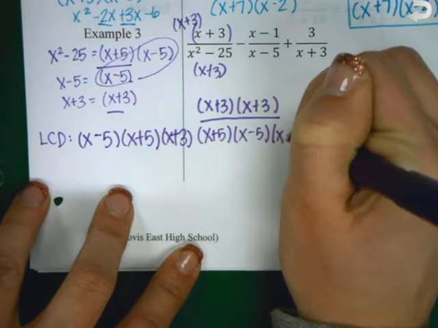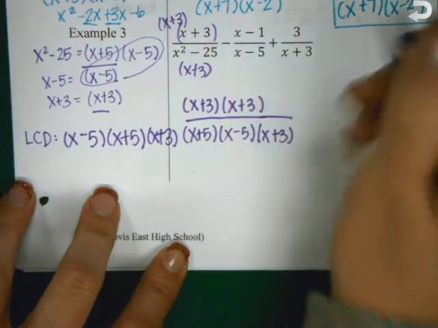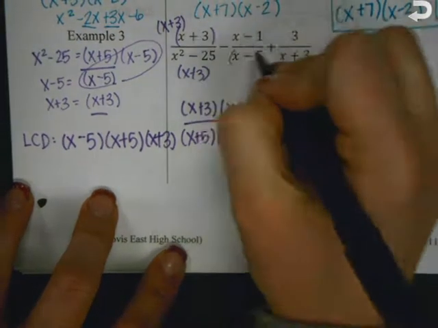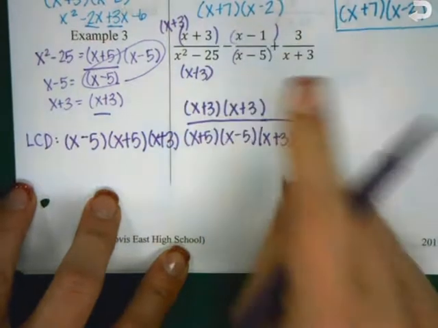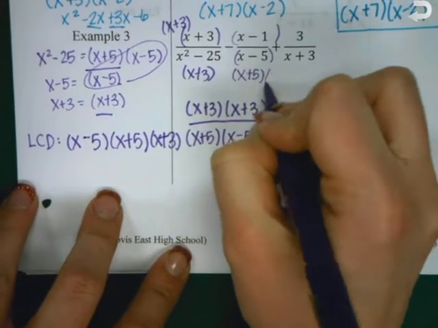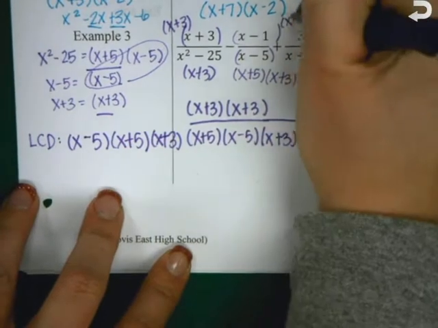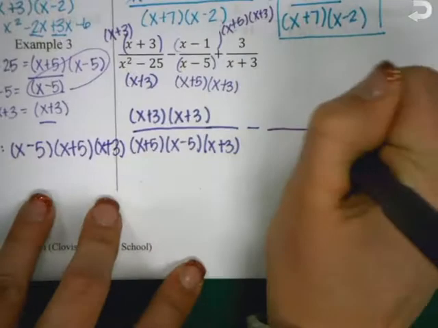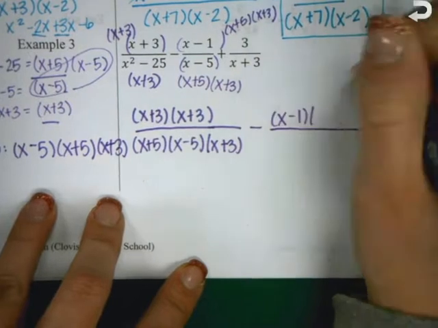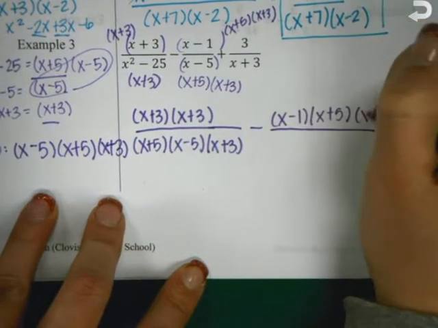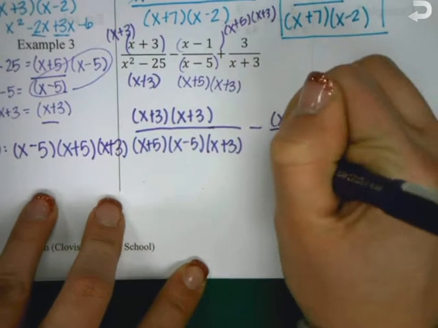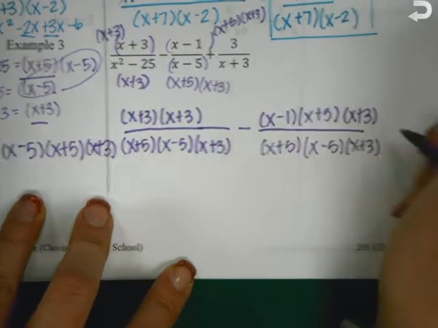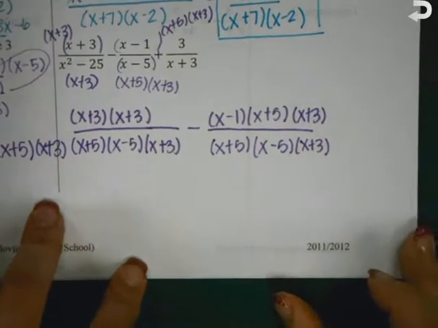minus, what is this one missing? It's missing the x + 5, and it's missing the x + 3. So this is (x + 5)(x + 3). So that second term becomes (x - 1)(x + 5)(x + 3) over (x + 5)(x - 5)(x + 3), plus, what is this one missing?